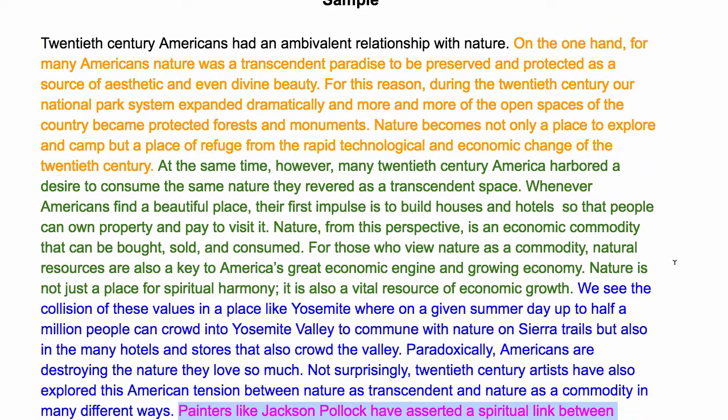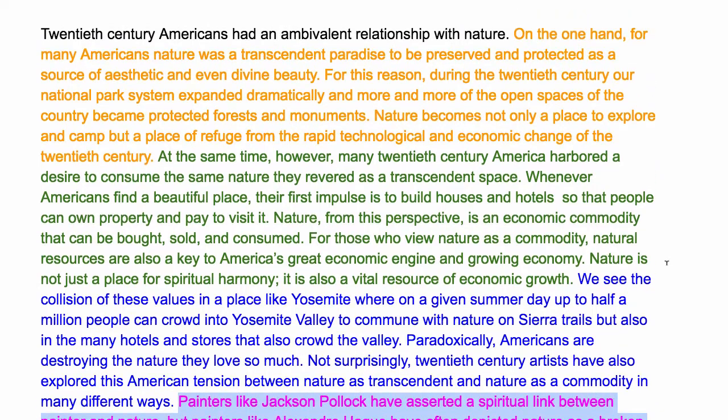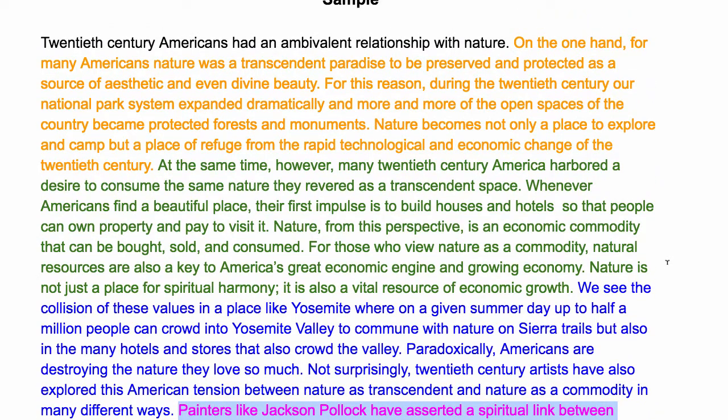So once again, you can pause this and read this on your own, but orange and green are explaining the terms. Orange explains one term, green explains the other. The blue sentences are where these two terms collide in American culture, and the fuchsia sentences are the thesis. Now, you don't have to do these color codes in your intro.